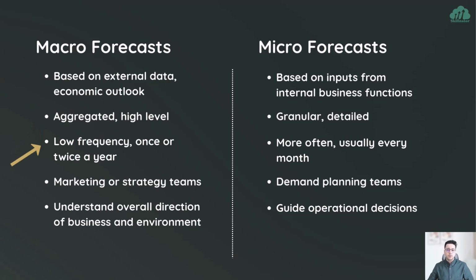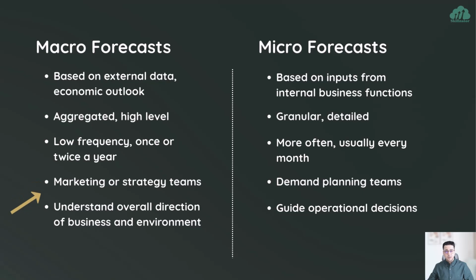Macro forecasts are typically created once or twice a year. Micro forecasts are created more frequently, most commonly on a monthly basis. We're going to explore this point further in the lecture on forecast governance. Macro forecasts are usually developed by marketing or the strategy teams. Micro forecasts are owned and managed by demand planning teams.